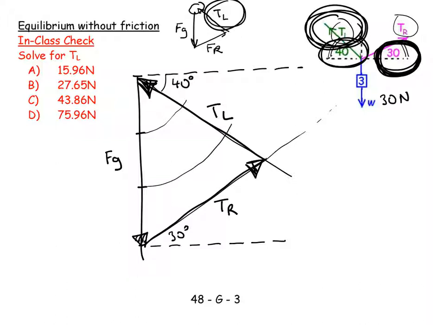So using my rough measurement, I could say that I think that is going to be 10 newtons, 20 newtons, 20 and a bit newtons. I'd say high 20s. So I'm going to take an educated guess there at 27.65 newtons. This guy here is 27.65 newtons.